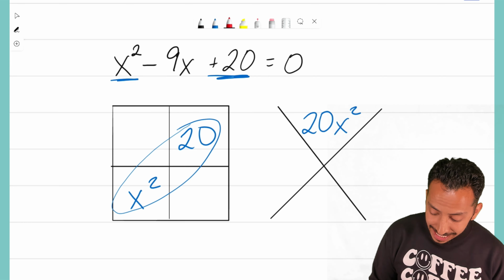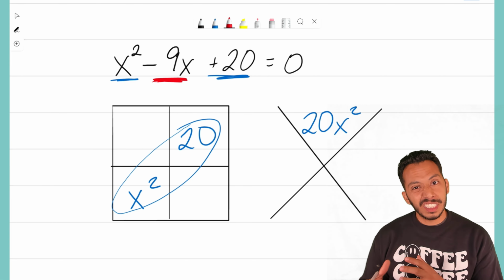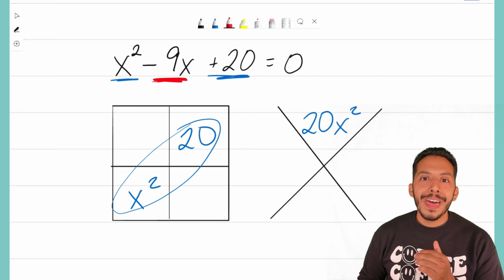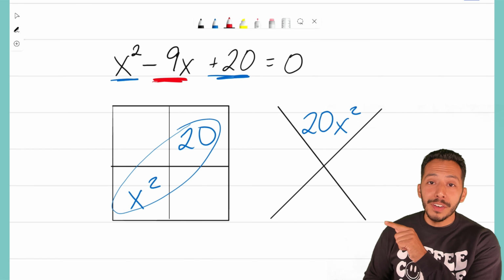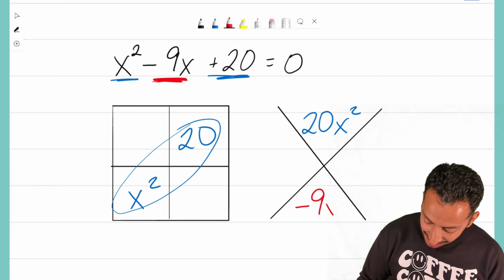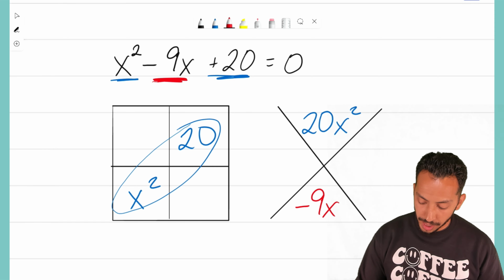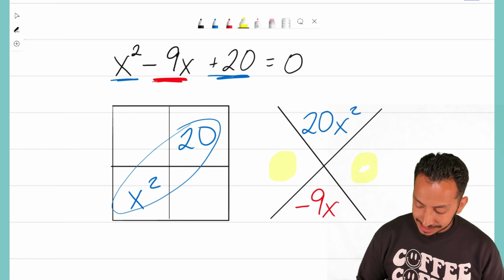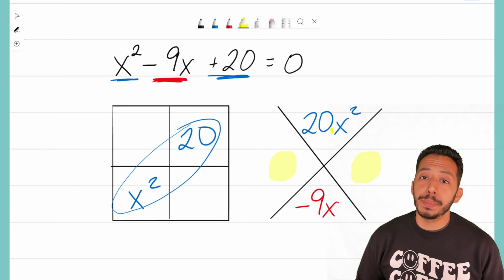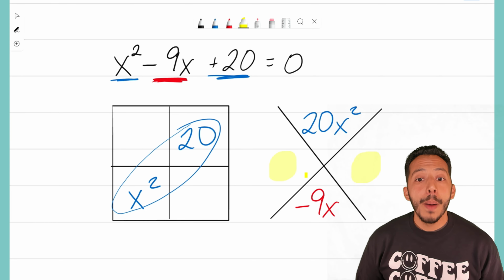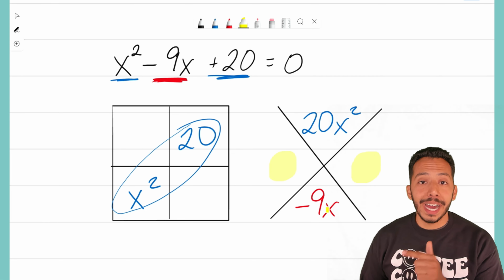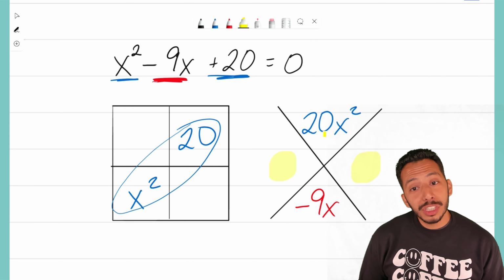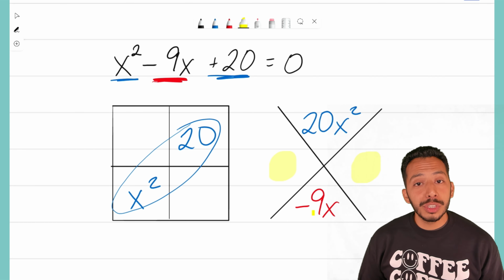Now what we do is we take that x term, right? Sometimes it's called the bx term. That middle term with just the x variable, that's going to go right there in the bottom of my diamond. We have negative 9x, and now's the point where we want to figure out what two pieces are going to multiply to 20x squared, but will add to negative 9x. And so what we're really talking about are, what are the factors of 20 that will get us to negative 9?